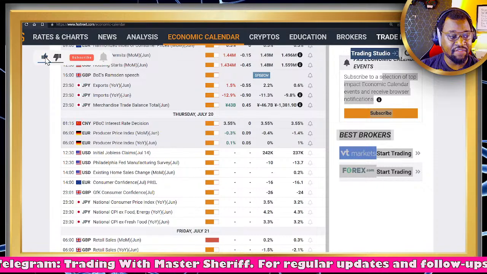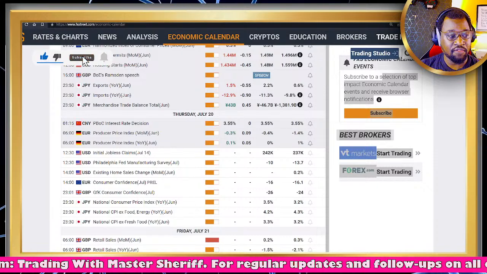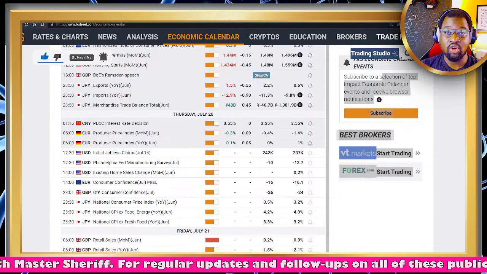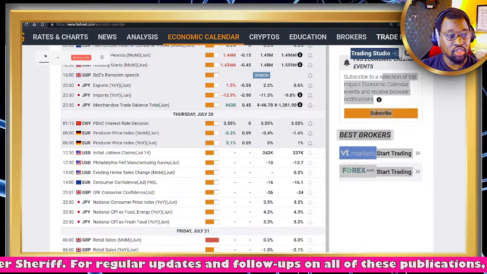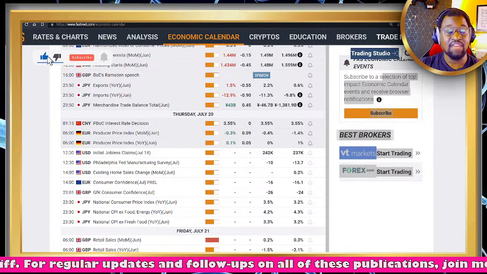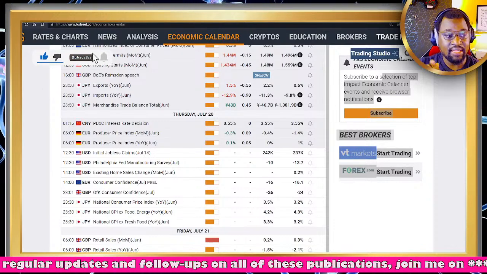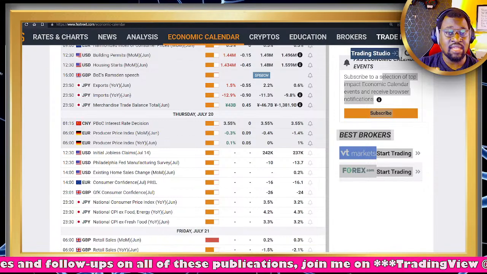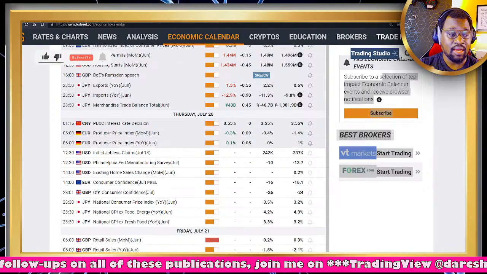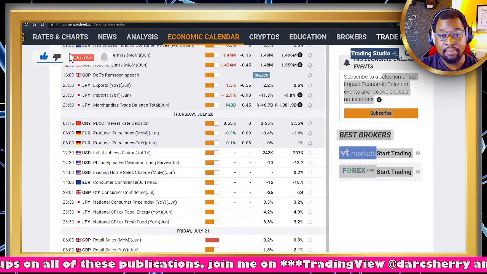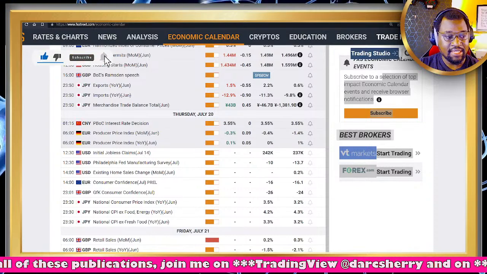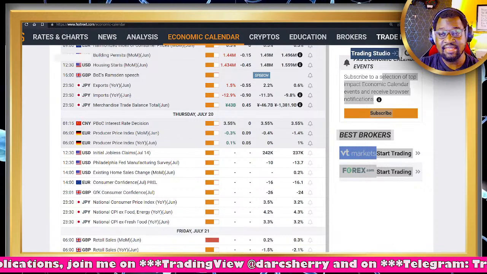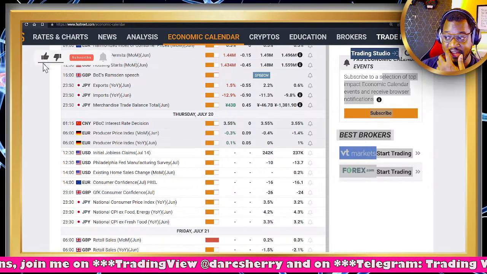Then finally for today, we have something from the Japanese economic docket, that's the National Consumer Price Index, which of course is the most significant way of measuring changes in purchasing trends. It also gives us an idea of the inflation status of the Japanese economy, and generally speaking, a high reading here is seen as positive for the Japanese yen.